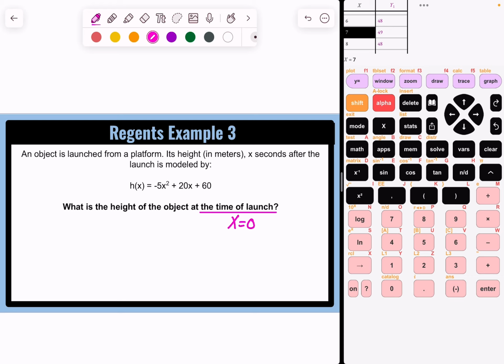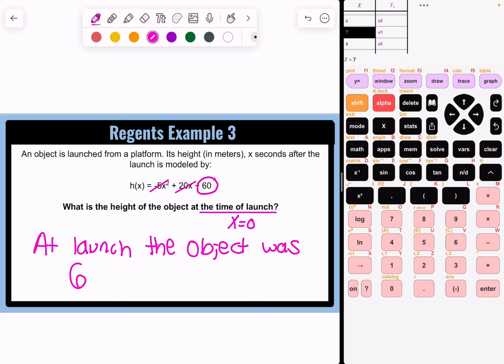If you plug 0 in for x, this part would cancel out, this part would be canceled out, and you would just be left with 60. So you could write, at launch, the object was 60 meters high.